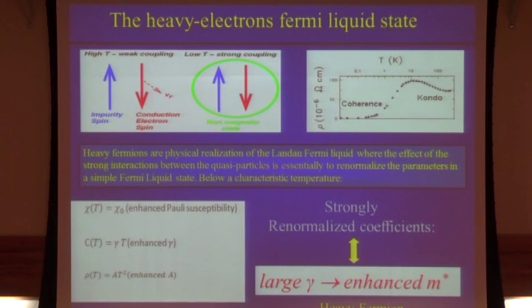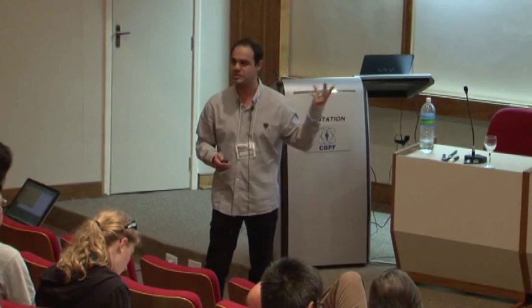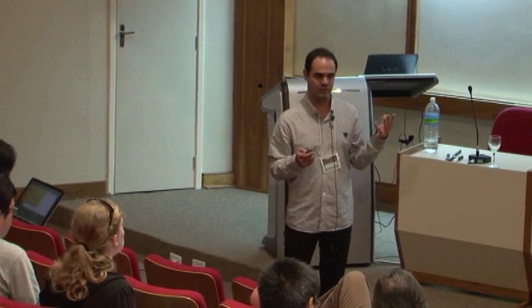So you have a Pauli-like behavior, but with an enhanced value of chi naught compared to a regular metal. You have an enhanced gamma and an enhanced A. Those are related to the enhancement of the effective mass, and that's why these compounds are called heavy Fermions. So in F electrons, you can have Kondo effect, heavy Fermion behavior associated with this, crystal fields, and magnetic order, all of that together.